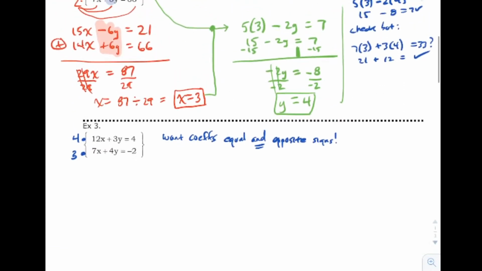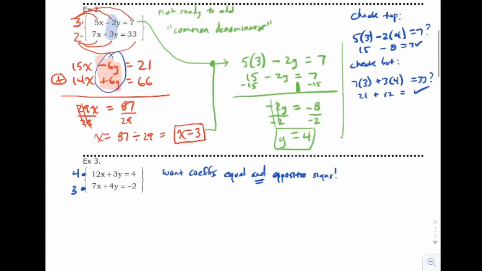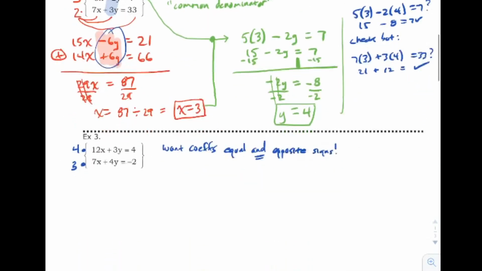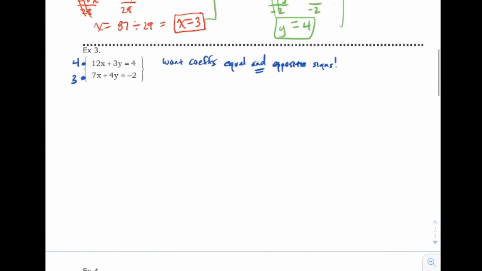Up here, the reason they went away is because one was a plus 6y, one was a minus 6y. Up here, the reason they went away is because one was a plus 1y, one was a minus 1y. You need to have them equal and opposite. So one of these should be a minus 12y, and it doesn't matter which one. I'll just kind of arbitrarily choose the bottom. I'm going to multiply the bottom equation by negative 3. So that's my plan of attack.